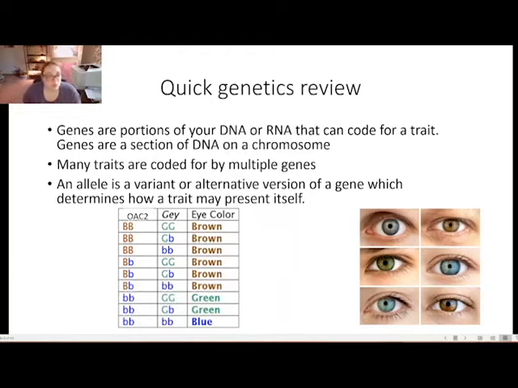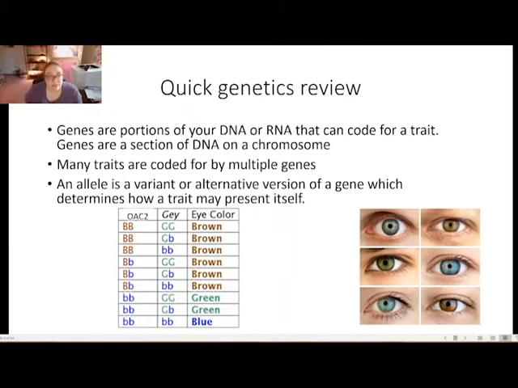So genes are portions of your DNA or RNA that can code for a trait. They actually code for a protein, but through a lot of steps, it codes for a trait. So there's actually a section of DNA that's found on a chromosome, and many traits are coded for by multiple genes.